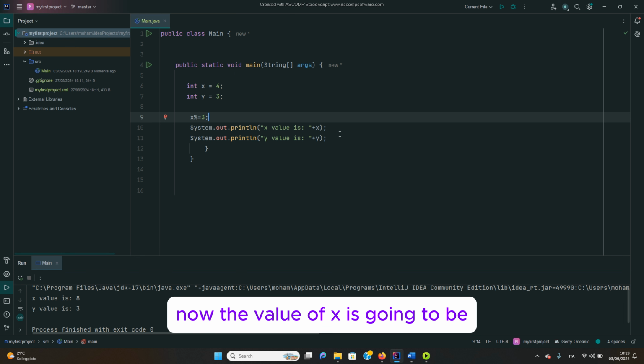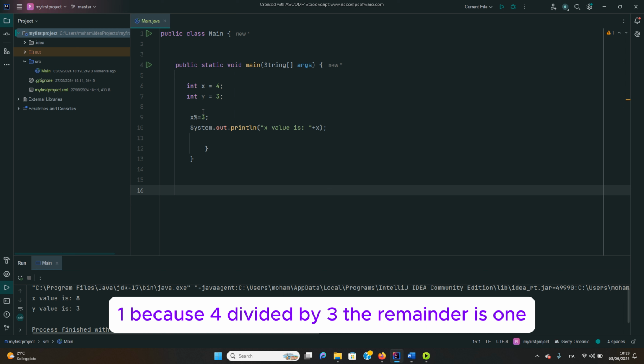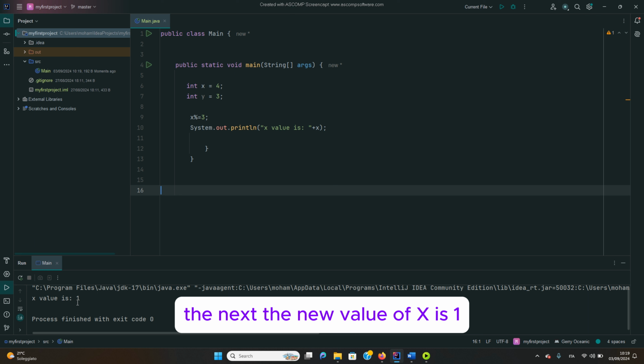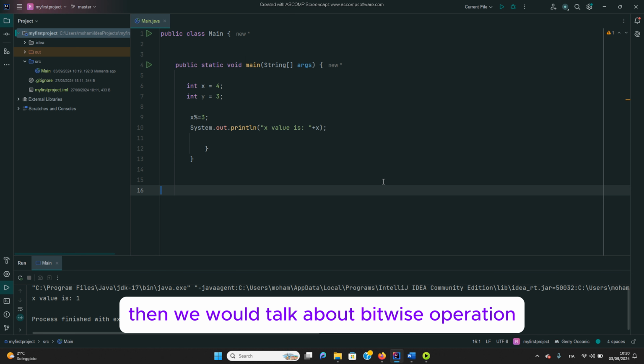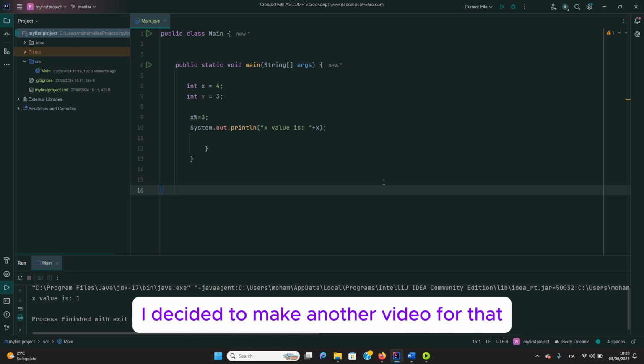Now the value of x is going to be 1 because 4 divided by 3, the remainder is 1. The new value of x is 1. This was the easy operations of Java. Then we would talk about bitwise operation in the next video because that is much more complex. I decided to make another video for that.